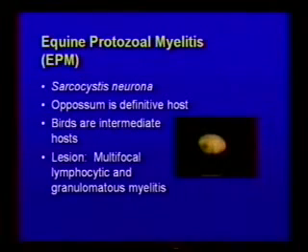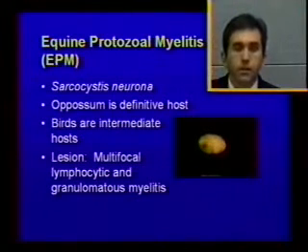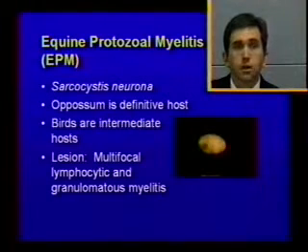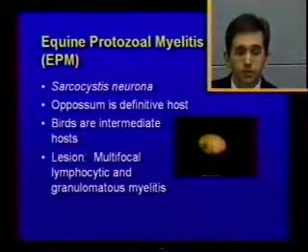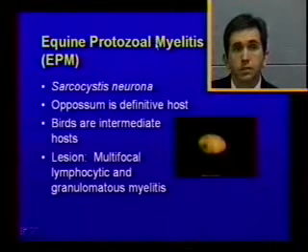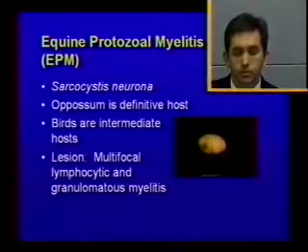Equine protozoal myelitis is an important pathogen of horses, caused by the protozoan Sarcocystis neurona. The possum is an intermediate host for this agent. I'm sorry, it's the definitive host for this agent, and birds are the intermediate host. Horses are what are known as a dead-end host. They are thought to become infected by consuming the fecal material of the possum in their feed, and then they are exposed to these agents, and the agent localizes within the spinal cord and causes a severe myelitis, or inflammation of the spinal cord.